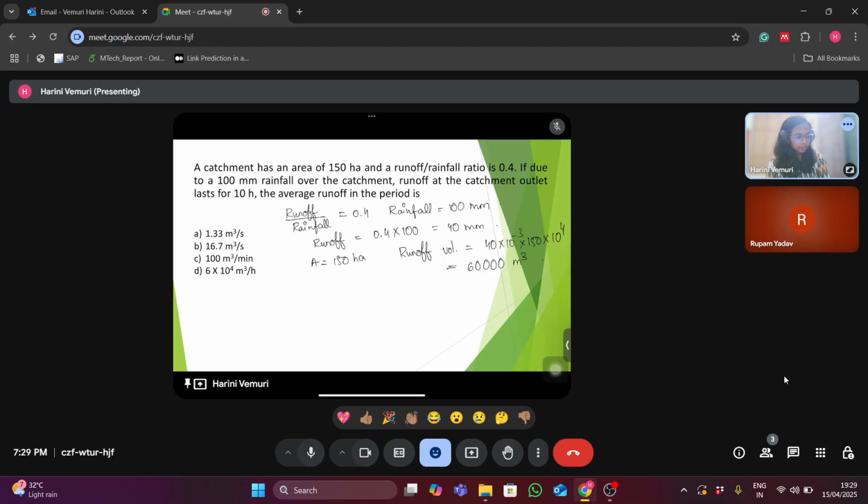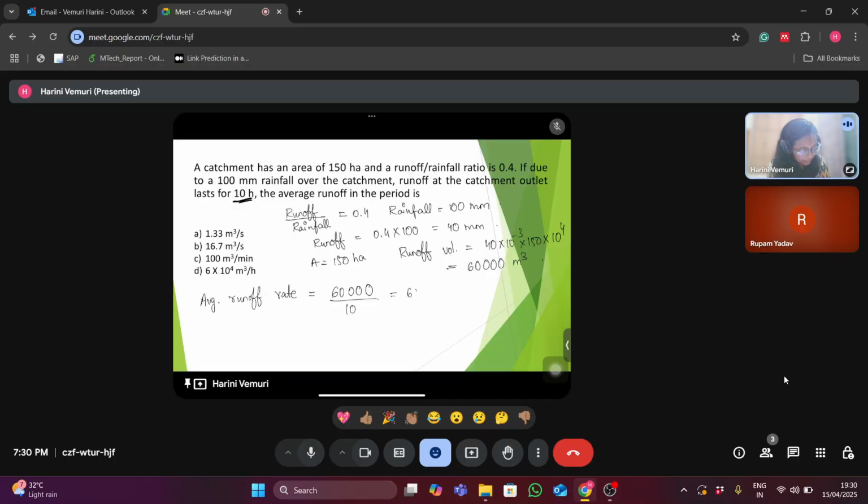So the answer is 60,000 meter cube. Okay. So now that we have a runoff volume of 60,000 meter cube, they are saying that it is lasting for 10 hours. So the average runoff rate will be equal to runoff volume by time, 60,000 by 10.